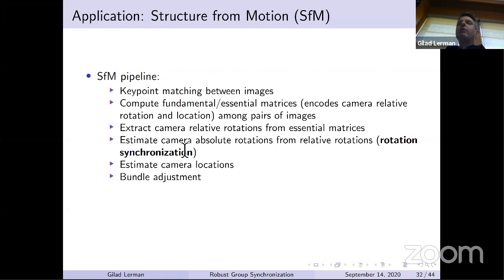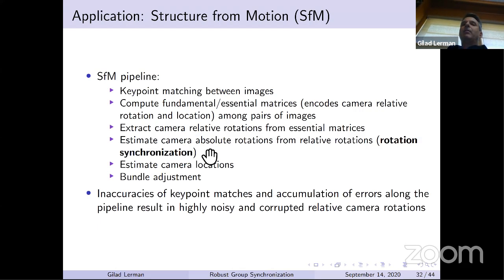The issue is that because we have this long pipeline, the estimates that we get for the relative rotations are pretty bad. Especially, the key point matches get a lot of noise and the errors accumulate. So we get pretty bad relative rotations, and given them, we need to estimate the absolute rotations.